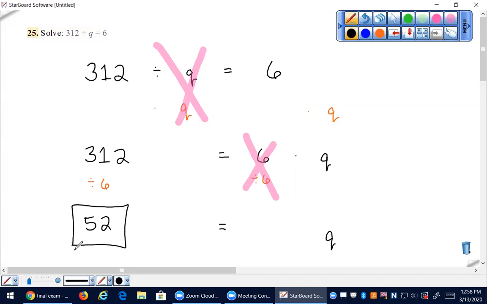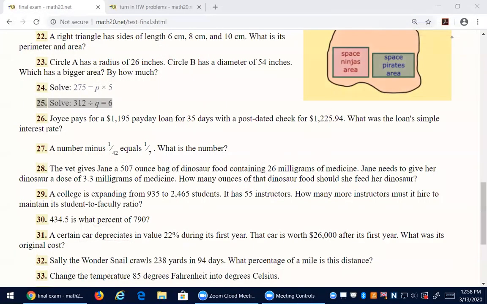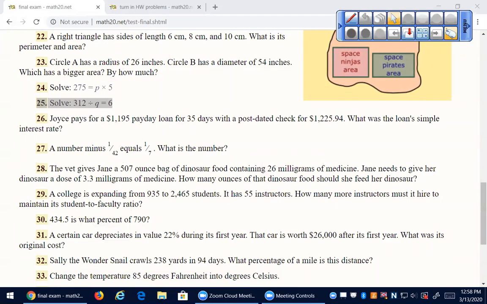I need help with Joyce and her interest. Okay. Question? Could you do a small problem of multiplying and dividing by decimals? I'm not sure what you're asking.